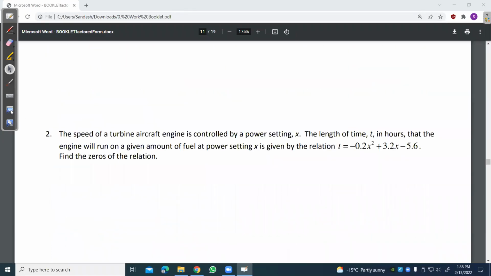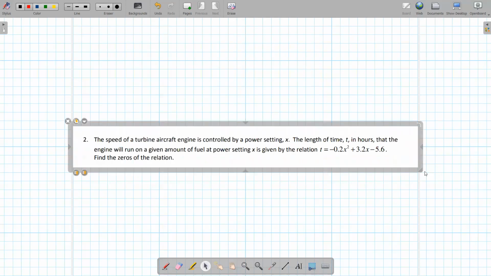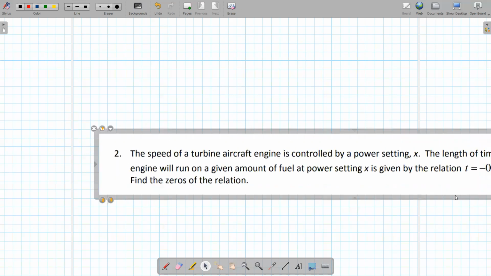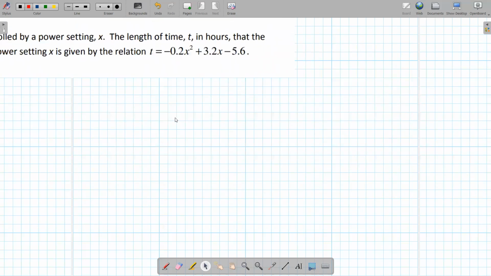Look at 2. It's asking us to find the zeros. So that means we need to factor it, right? How do you factor something like this? But see, there's decimals, so it's a little bit more complicated than that.